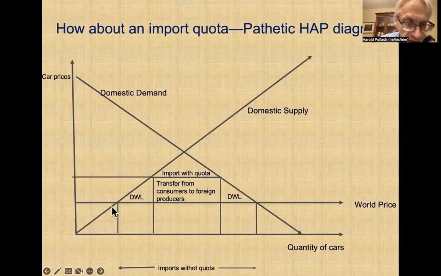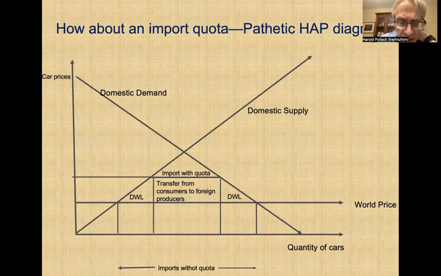And you take this flat line segment and attach it to the domestic supply curve, because the overall supply curve is the domestic supply plus what's imported. You say, where does this hit the demand curve? So I stick this onto the domestic supply curve and keep moving it up until I hit the demand curve.